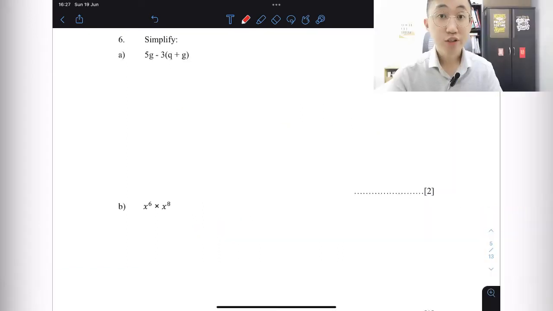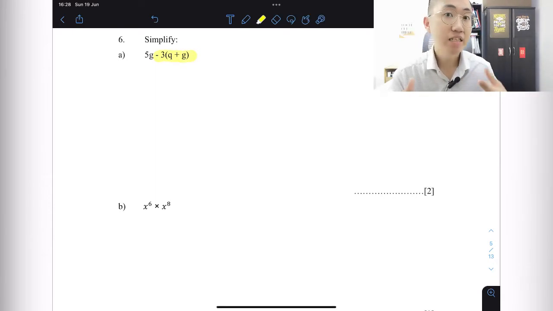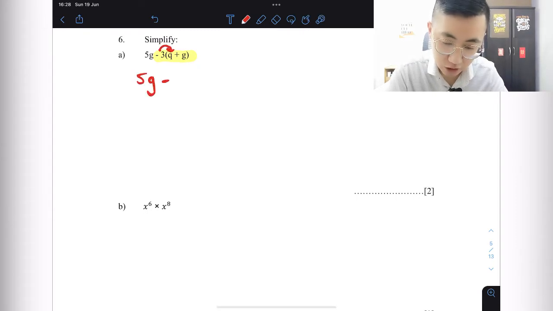Question 5. Question 6, simplify. So when you see the word simplify, means you try to expand, factorize, whatever things that you need to do, okay? So teacher can see that there's a bracket and a term outside the bracket. It means you have to expand, multiply, okay? So copy back 5g first. Multiply, negative 3 times q will give you negative 3q.